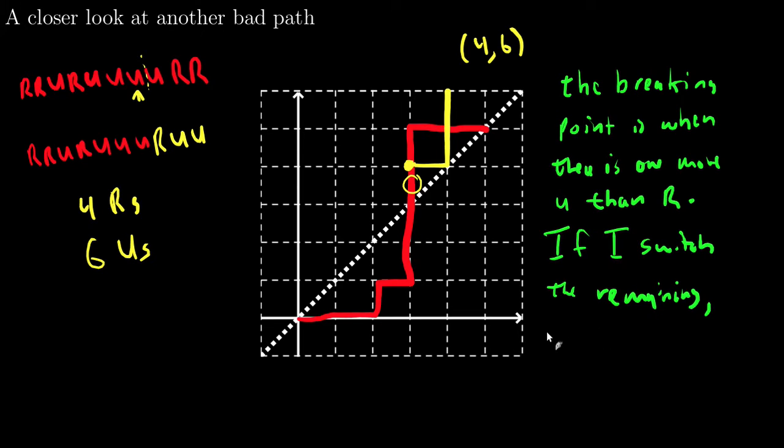what's going to happen is I will have 2 more U's than R's, because at the start I have 5 R's, 5 U's. This one broke here at the point where I had 3 R's, 4 U's.